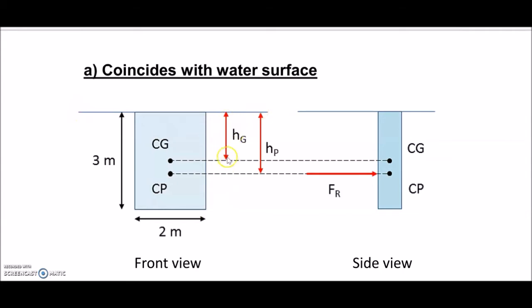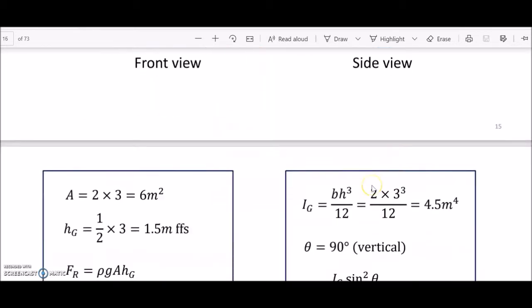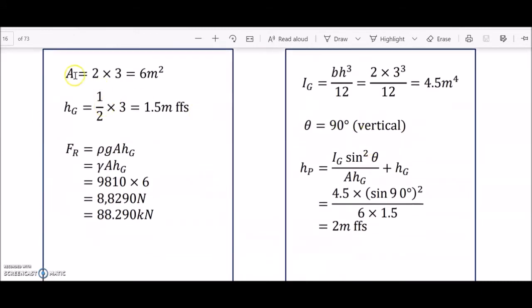So we have the height of gravity and the height of pressure. This is the center of gravity, Cg, and the center of pressure, Cp. This is the front view, and this one is the side view. We have the force acting perpendicular to the surface. So how can we solve this?